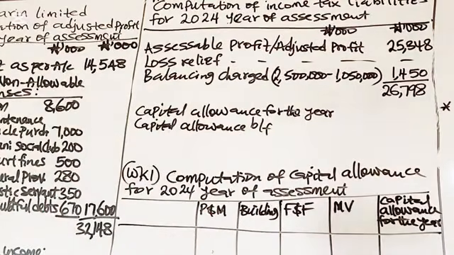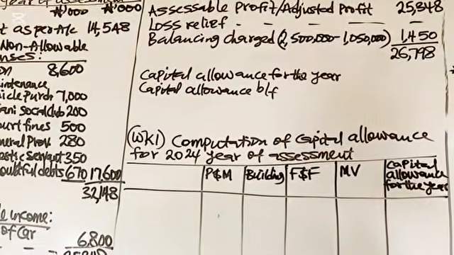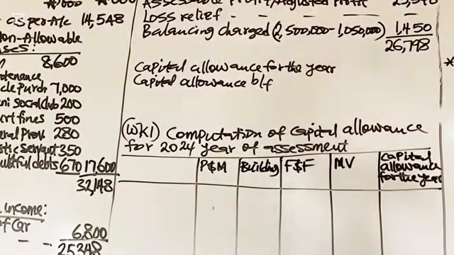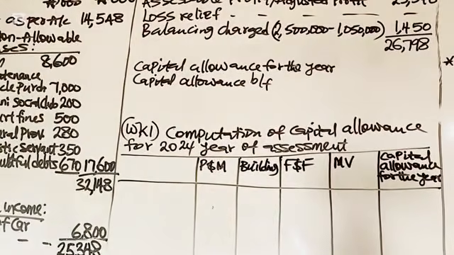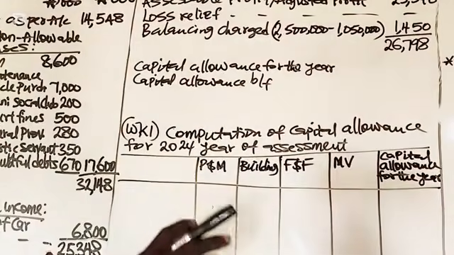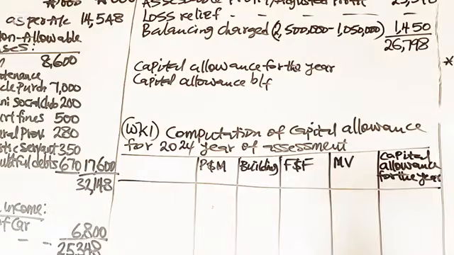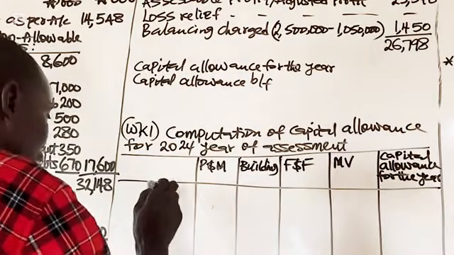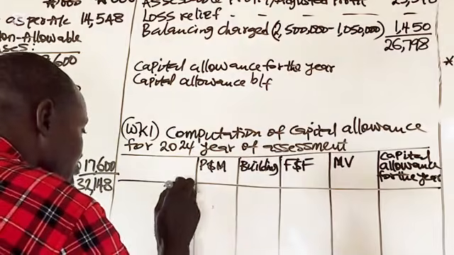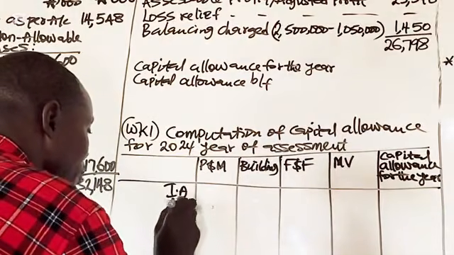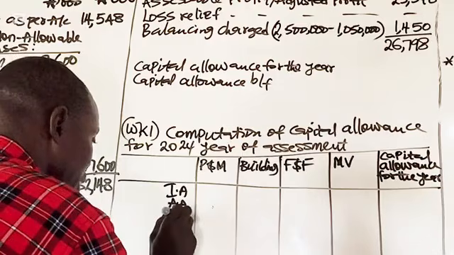Now, we want to use the appropriate capital allowance rate. Mind you, the capital allowance rate will be given in your question paper, towards the last page. So we have initial allowance, annual allowance, investment allowance.